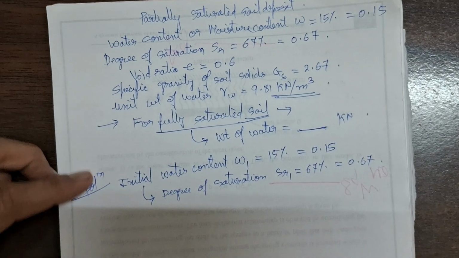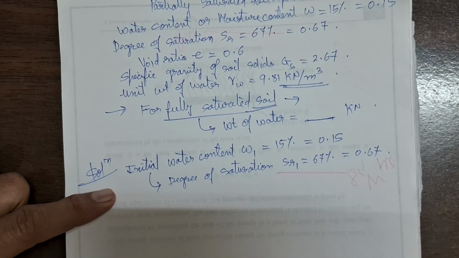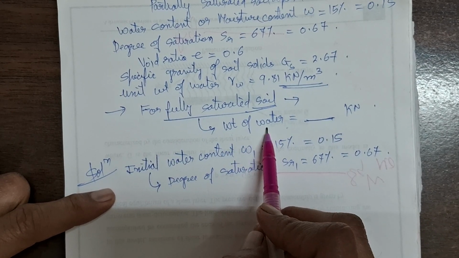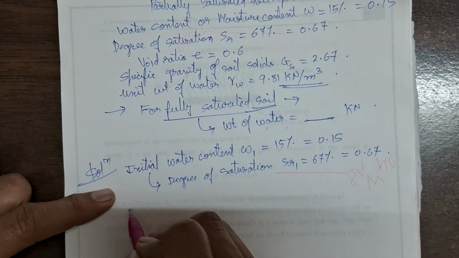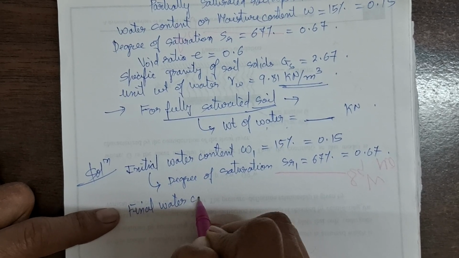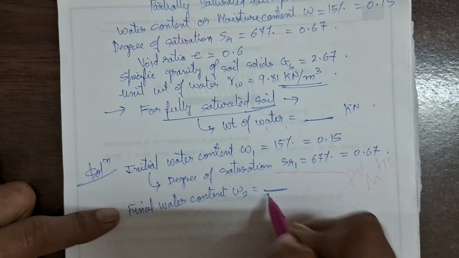Now I do not know the final water content, because ultimately I have to find out weight of water, and for that I need final water content. So final water content W2 I do not know.